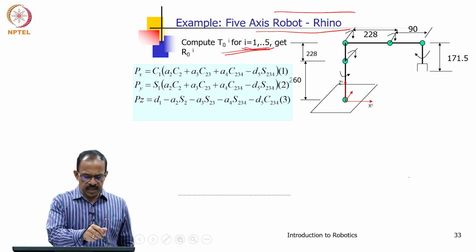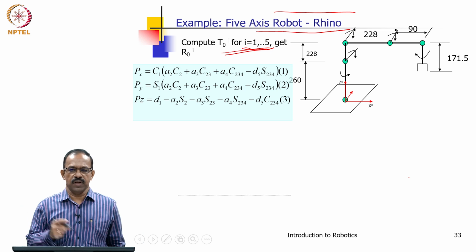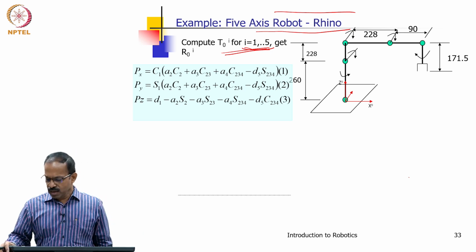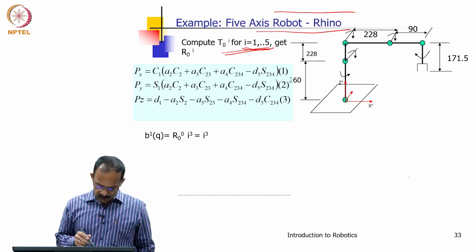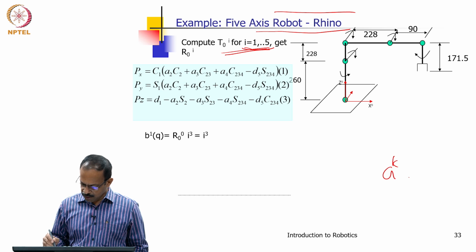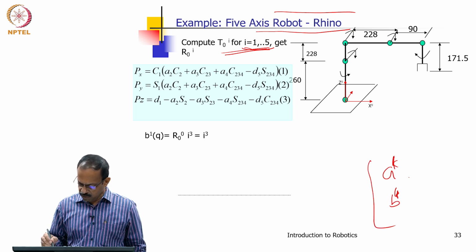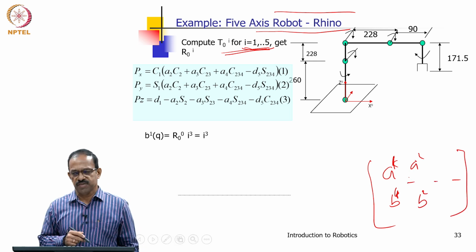And then we have of course T0 5, which will give you Px, Py, Pz, that is the position vector of the tooltip. Now, we have B1, so we will be having Ak and Bk. You will be having A1, B1, A2, B2 etc. That will be the Jacobian.